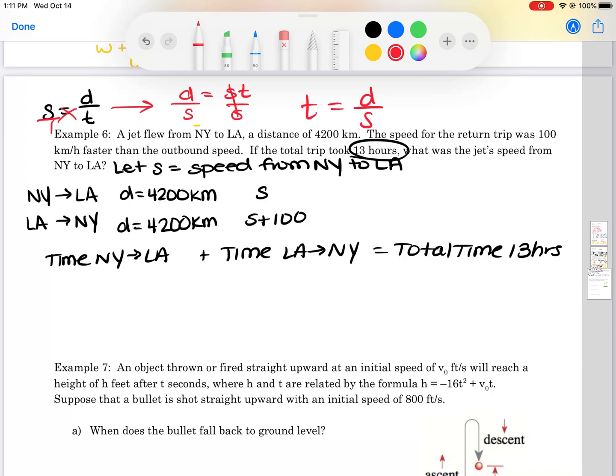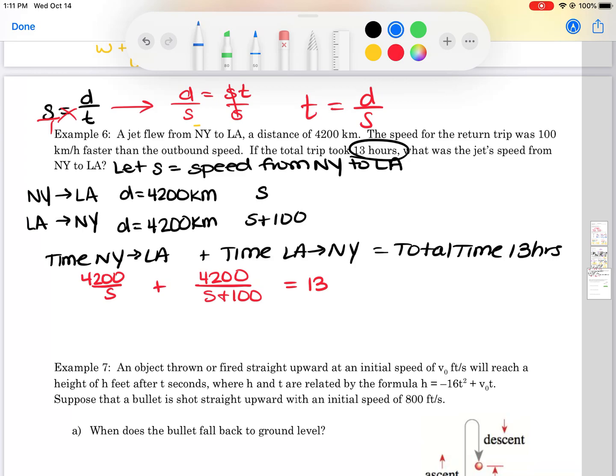So time is equal to distance divided by speed. The time from New York to LA should be its distance divided by speed, that's 4,200 divided by S, plus the time from LA to New York, again distance divided by speed. And we said that should equal 13 hours.